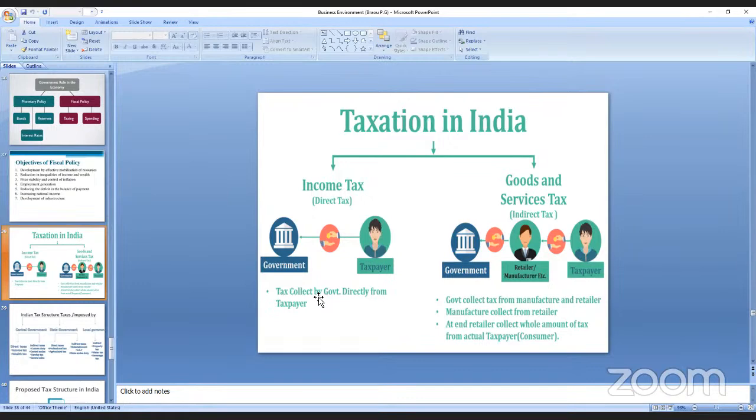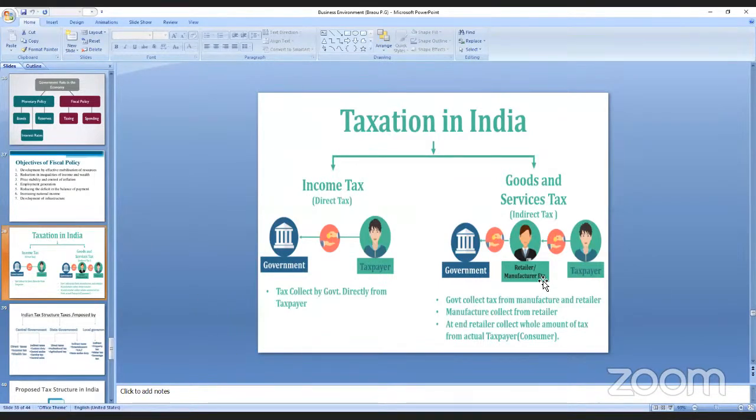Whatever is exclusive or inclusive, they write on the product when it is a finished pack. So no one pays it from their own pocket. The retailer will pay the tax to the government, and the taxpayer pays to the retailer. The retailer collects the tax from the customer, not from his own pocket.